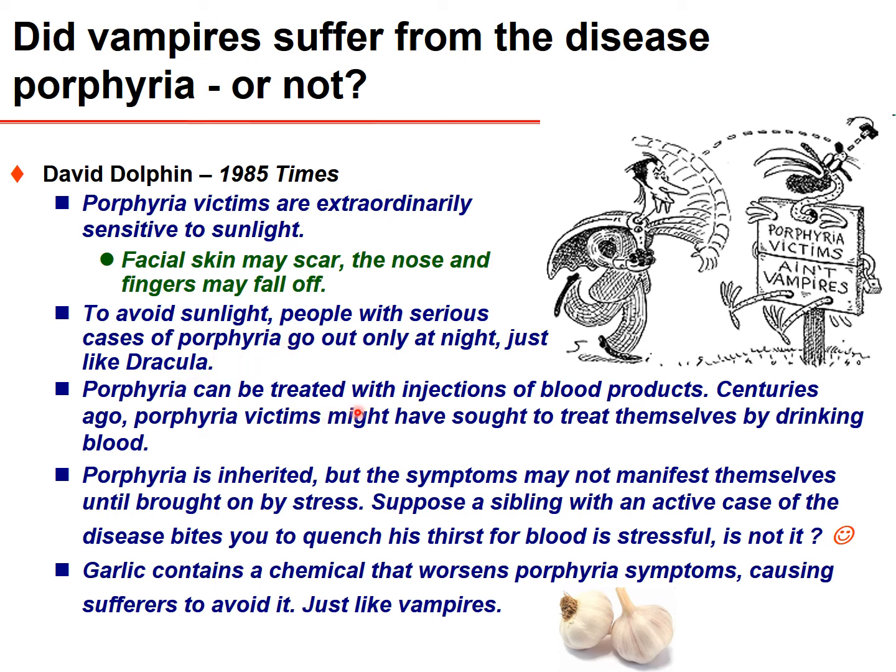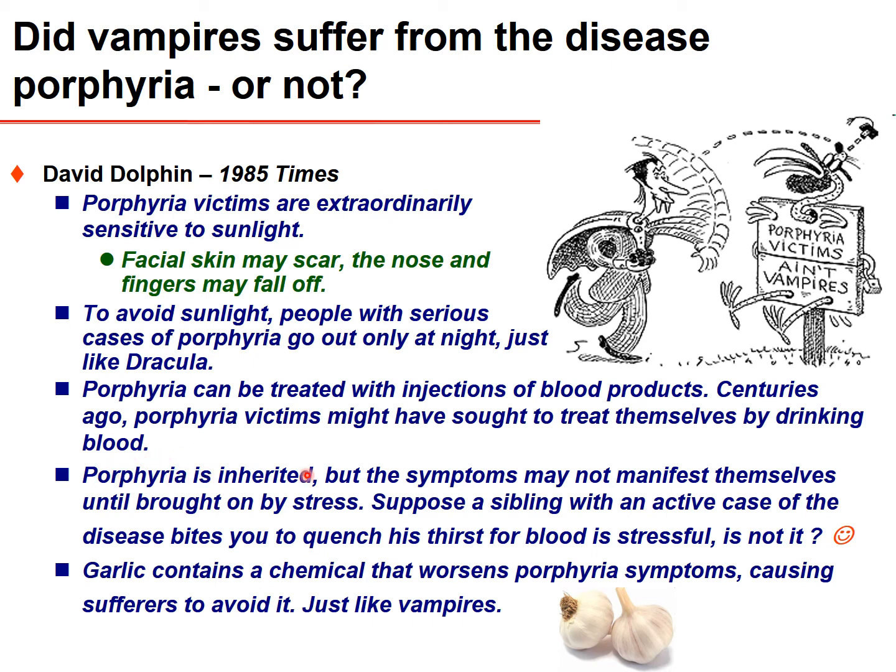Now, porphyrias can be treated with injection of blood, so transfusion, for example. Centuries ago, porphyria victims might have thought to treat themselves by drinking blood, but that's ridiculous because it's not the same. They cannot get a blood transfusion by drinking the blood, you know it.